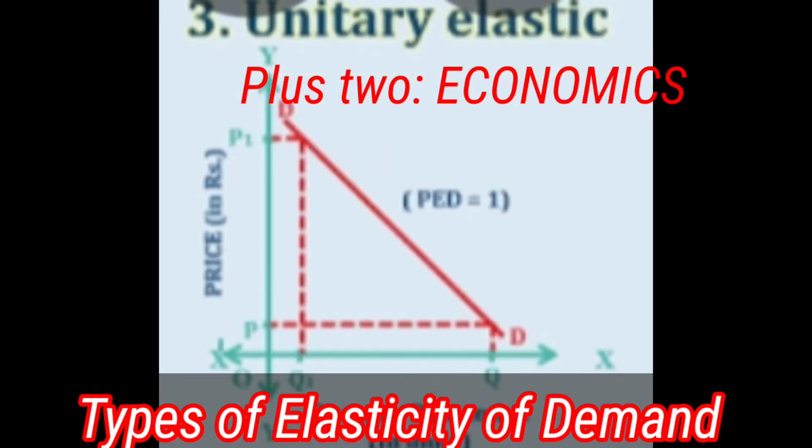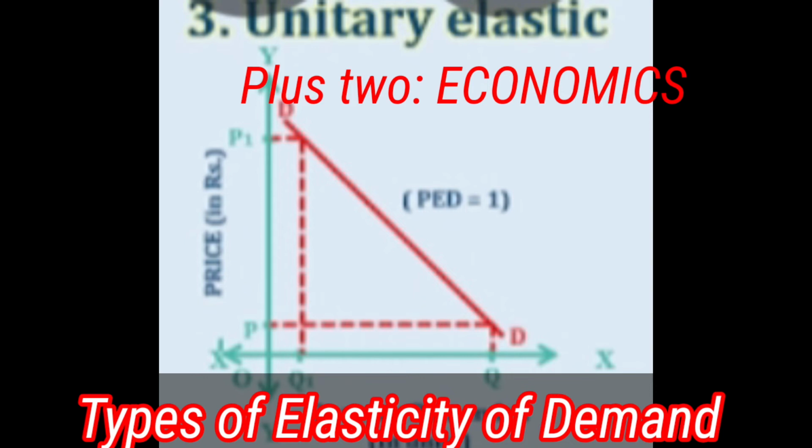Next we will go for unitary elastic demand. Here ED is equal to 1, or PED, price elasticity of demand, is equal to 1. That means the percentage change in the price brings the same percentage change in the demand for the commodity. Now you can see the graph here.